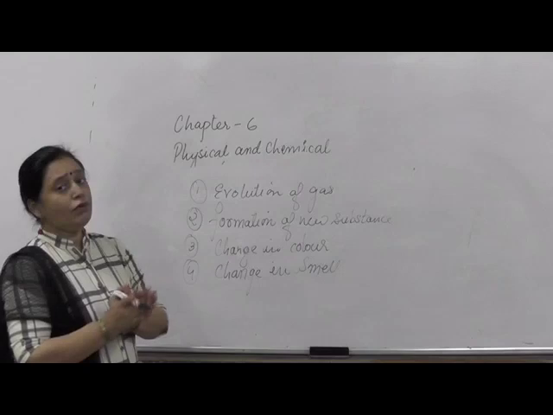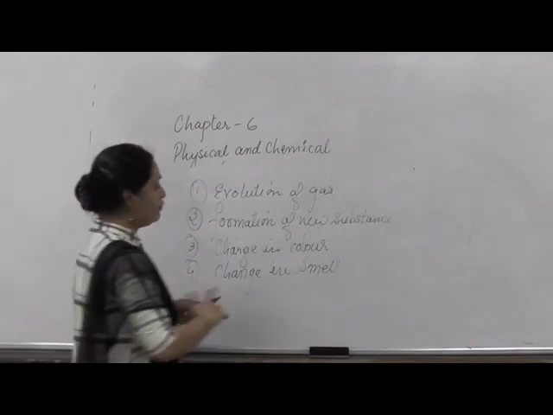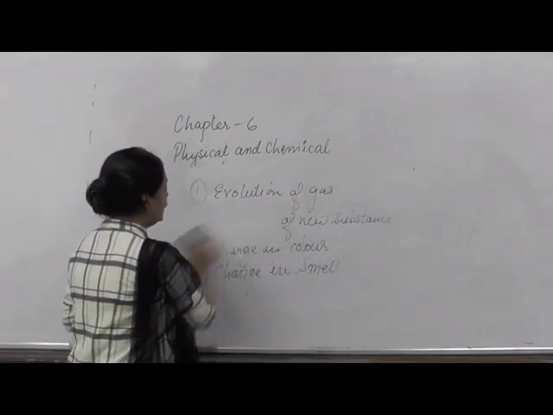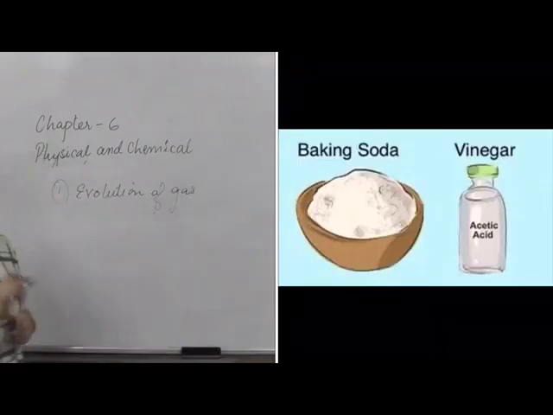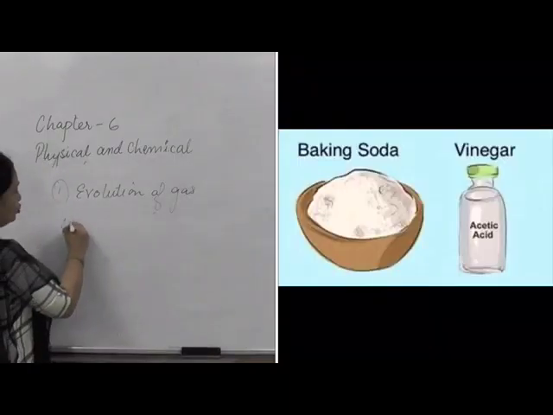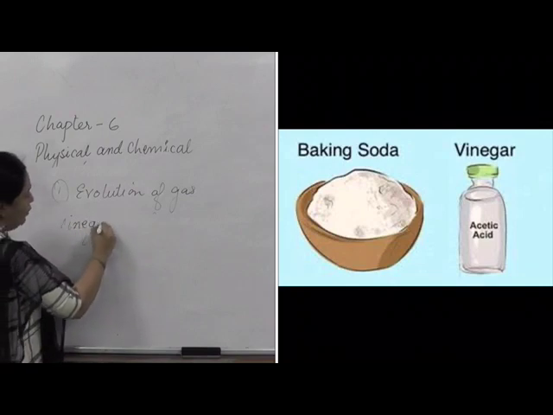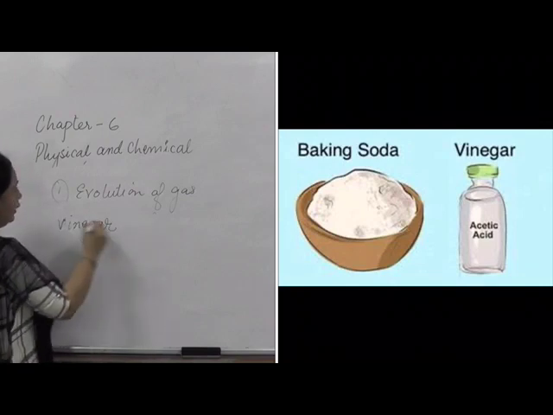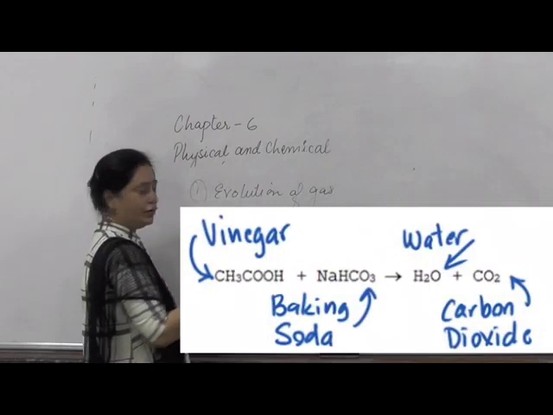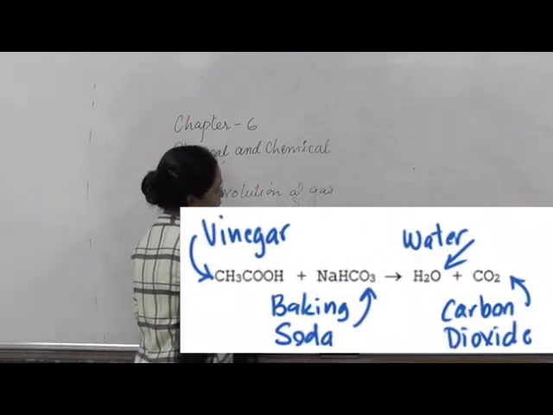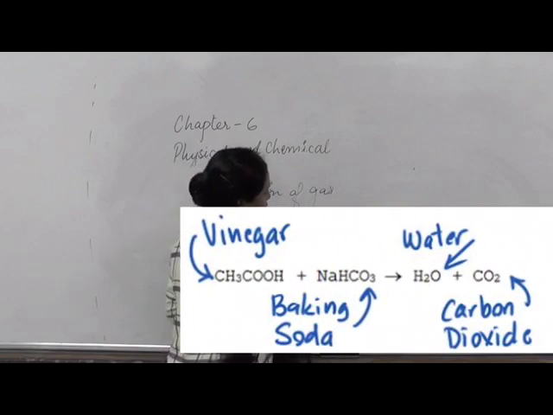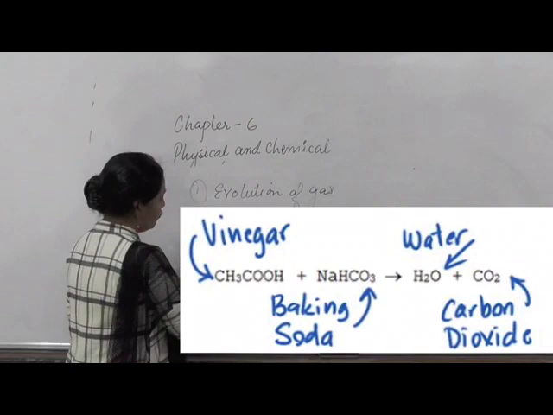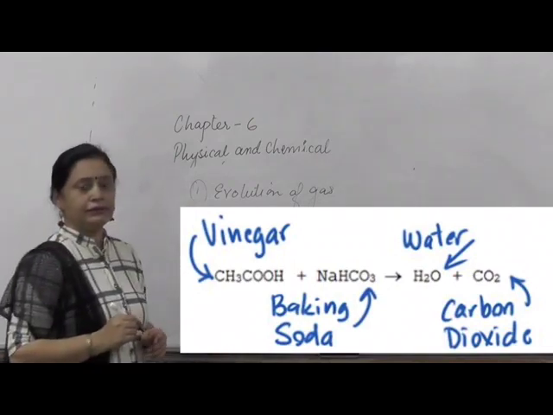When I say evolution of gas, here we will discuss one example: when vinegar, which is also an acid, is mixed with baking soda, which is sodium bicarbonate. What will be the product?